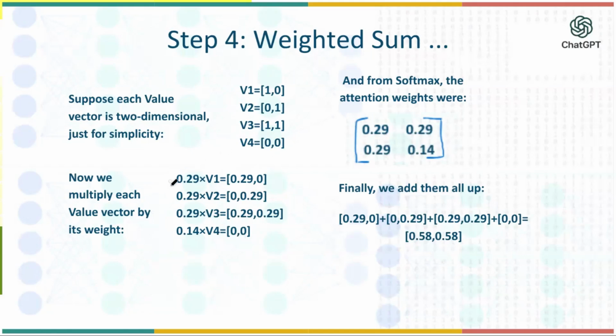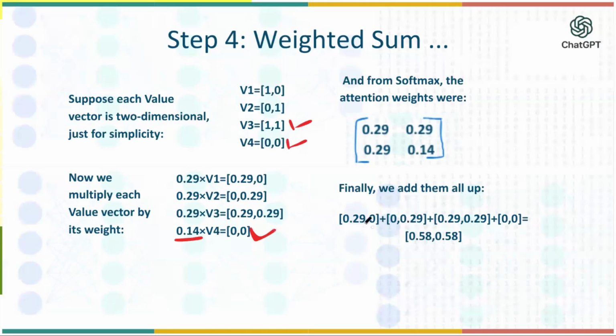So 0.29 times (1, 0) is (0.29, 0), 0.29 times V2 is (0, 0.29), 0.29 times (1, 1) is (0.29, 0.29), and 0.14 times (0, 0) is (0, 0).